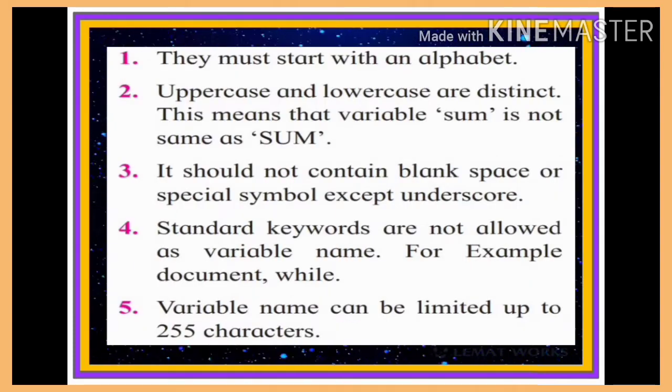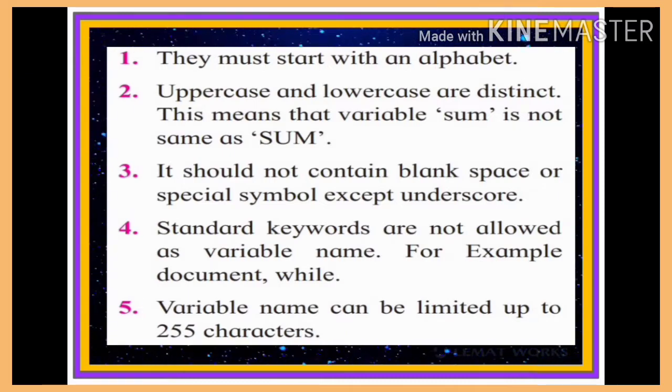Rule 1: they must start with an alphabet. Second rule: uppercase and lowercase are distinct. This means that the variable small sum is not the same as capital SUM. Lowercase sum and uppercase sum behave differently in JavaScript.